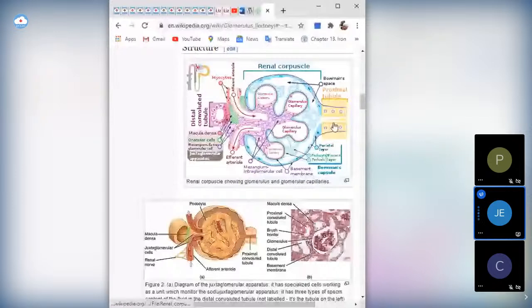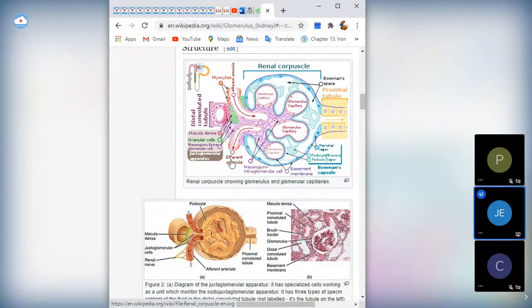What happens in the glomerulus is filtration of blood. Blood flows into the afferent arteriole, and ultrafiltration occurs within the renal corpuscle, the Bowman's capsule. The filtrate flows on as urine, and the rest of the blood continues through the efferent arteriole.